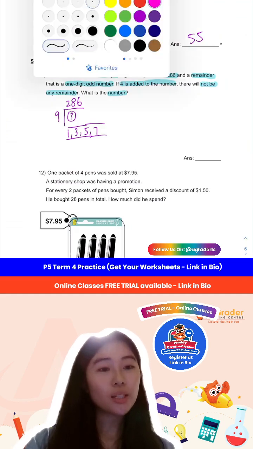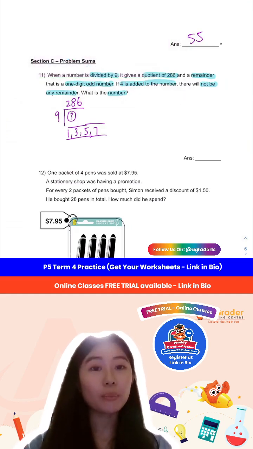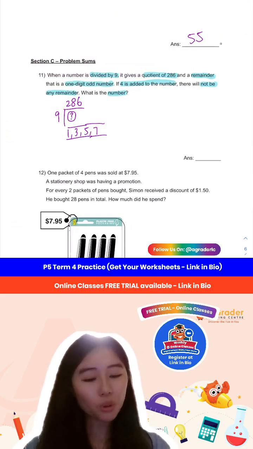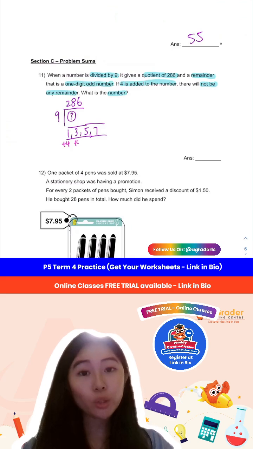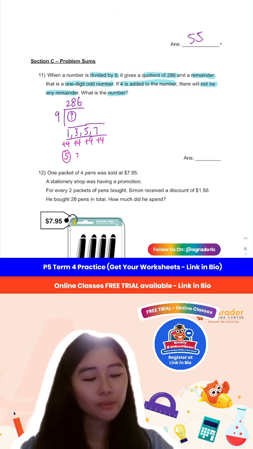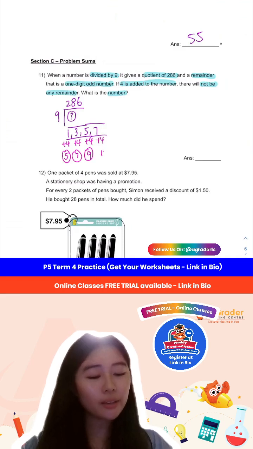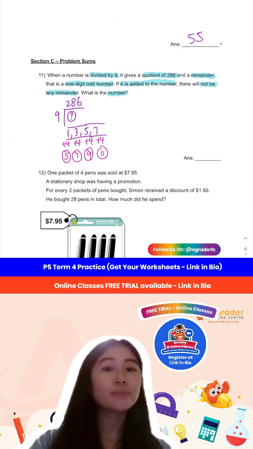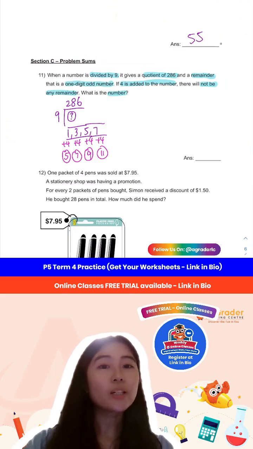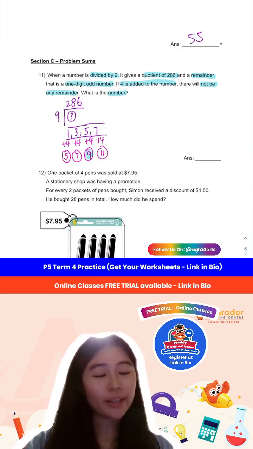So the question says that if you add 4 to the number, there will not be a remainder. So you can try adding 4 to each of these numbers. And then you will get 5, 7, 9, and 11. Okay, so the only correct option is 9.